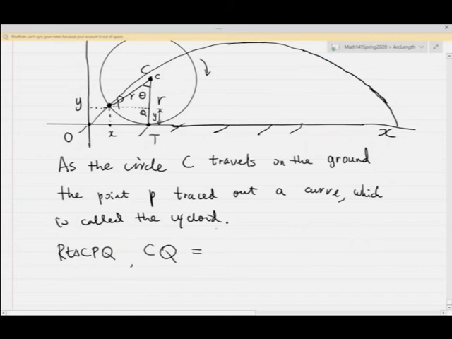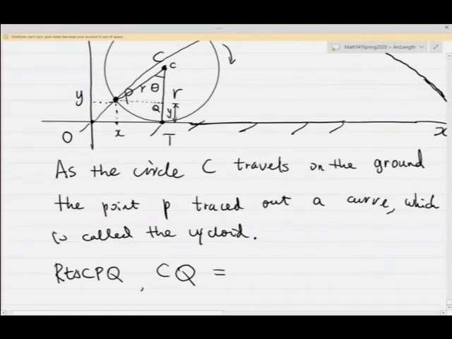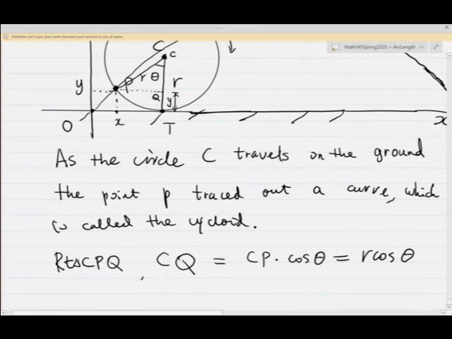In right triangle CPQ, CQ is the hypotenuse CP times cosine theta. CP is the radius, so CQ is R cosine theta. Then Y is R minus CQ.